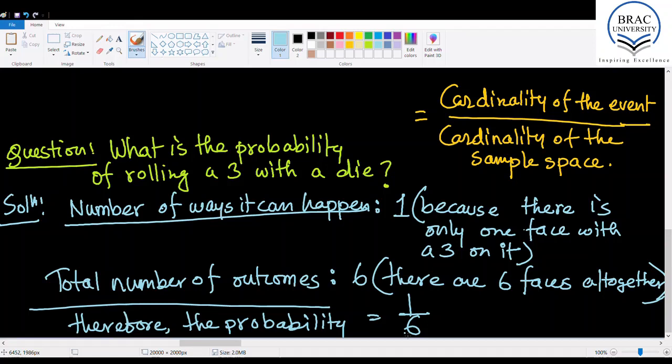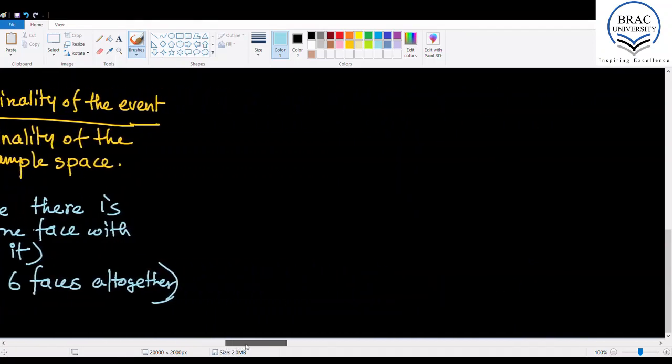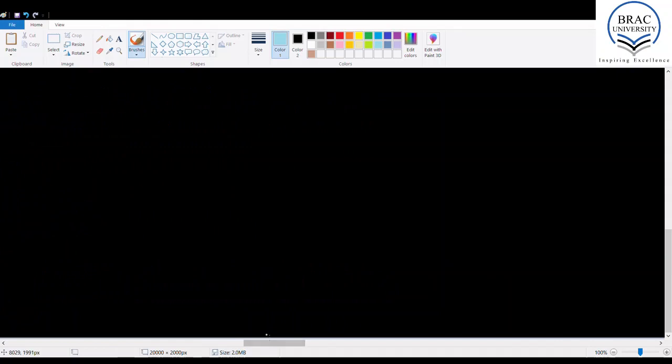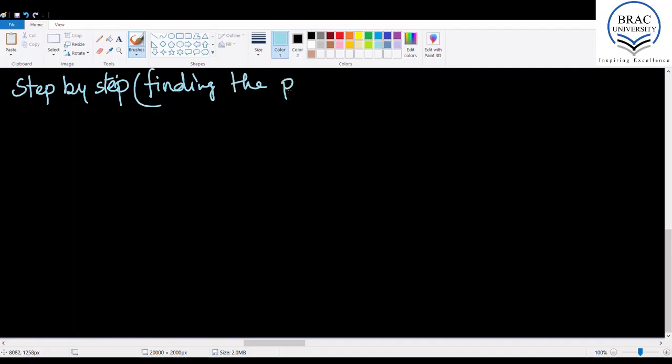All right. So if we want to determine the probability of an event, we have to follow these steps. Step by step, finding the probability. What are the steps?